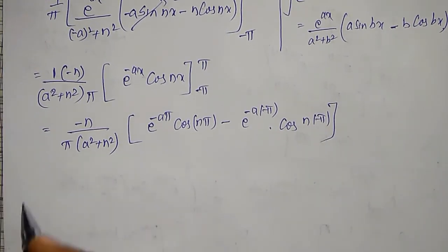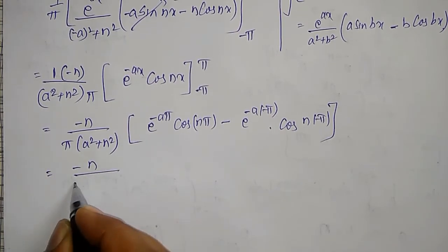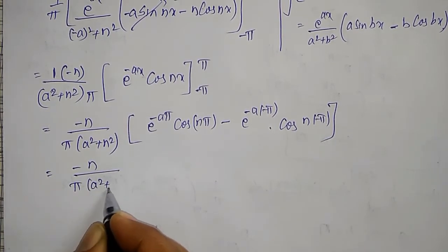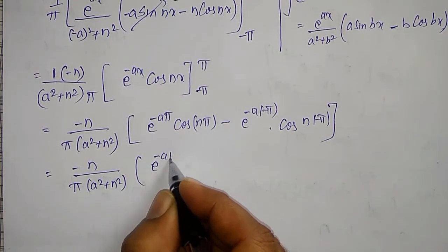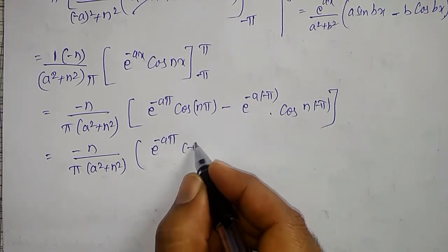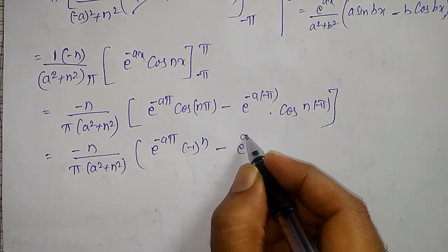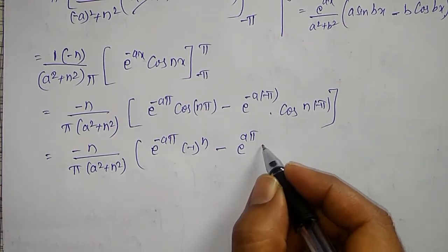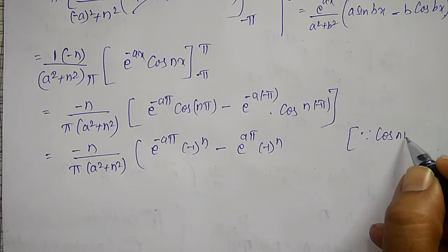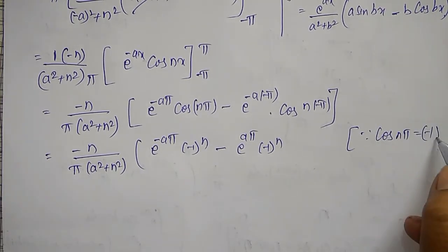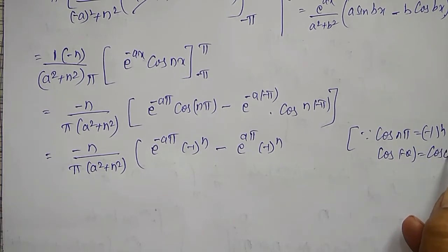Then simplifying this one, minus n divided by pi into a square plus n square, here e to the power minus a pi into cos n pi is minus 1 raised to n, minus e to the power plus a pi into minus 1 raised to n again, since cos n pi is equal to minus 1 raised to n and cos of minus theta is equal to plus cos theta only.